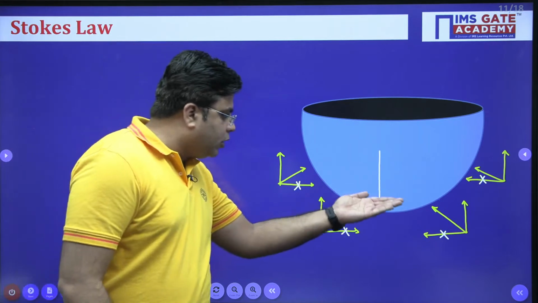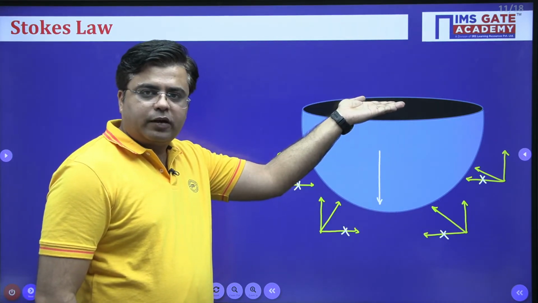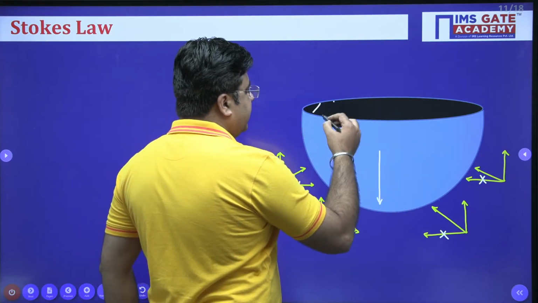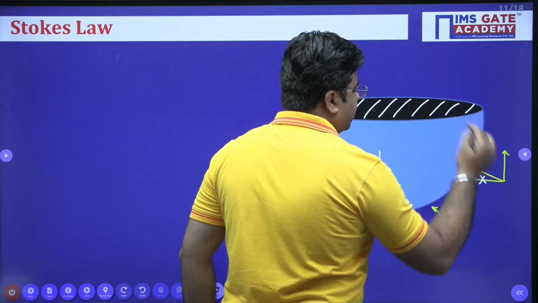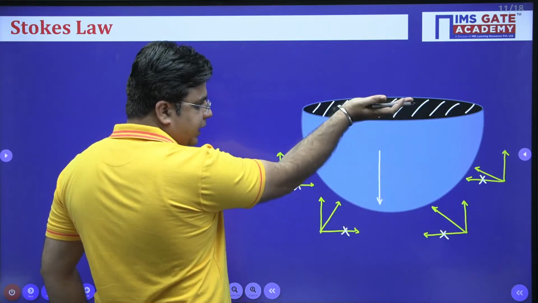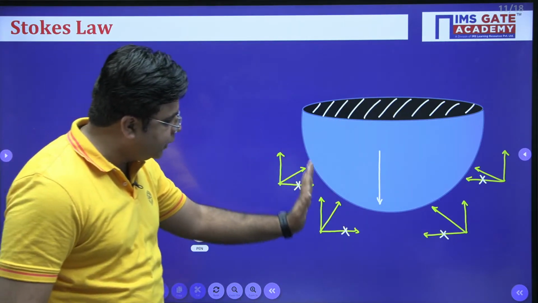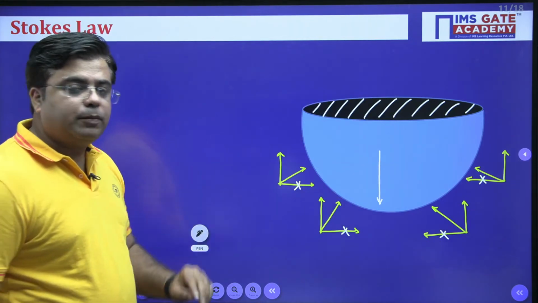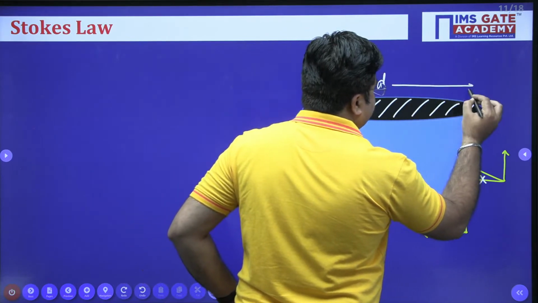This vertical component will act in the projected area of this sphere, which is the area of this circle. The size of the particle is d.